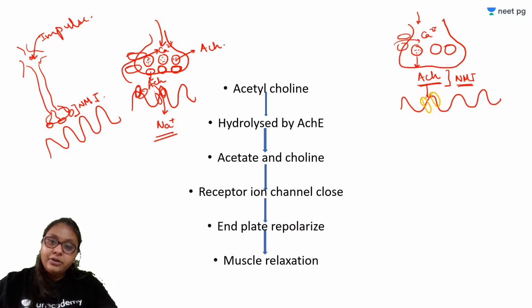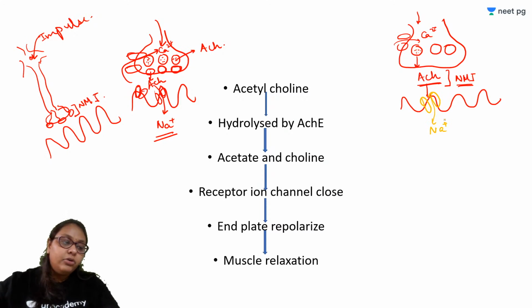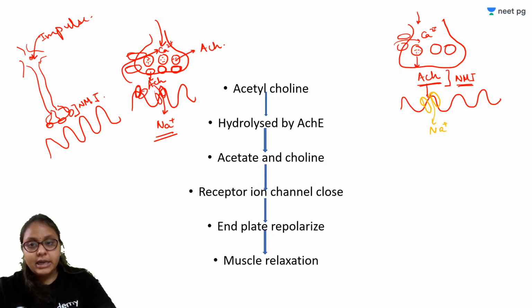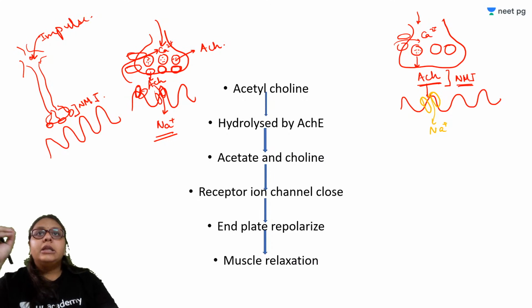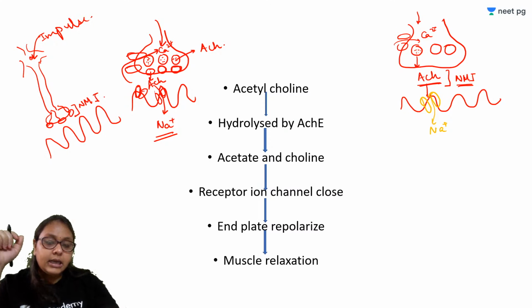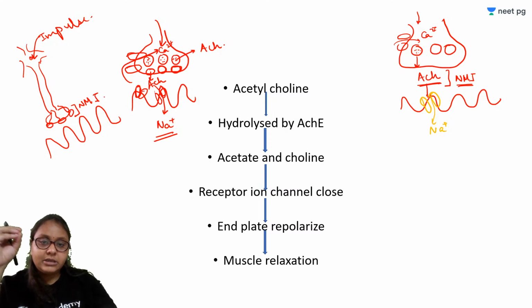These will act with the acetylcholine receptors, and there will be influx of the sodium, and therefore the impulse conduction will take place. This sodium will bring about the configurational change, the calcium will be released, and there will be contraction.